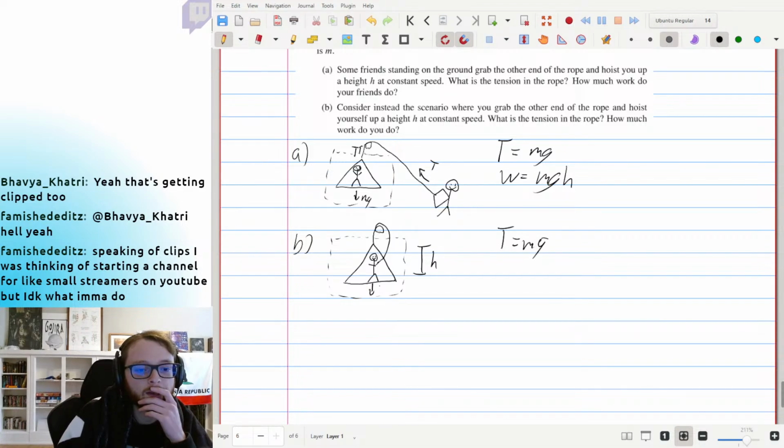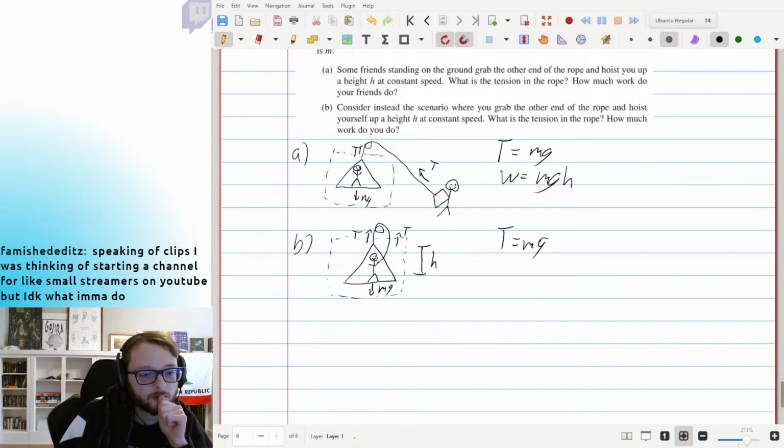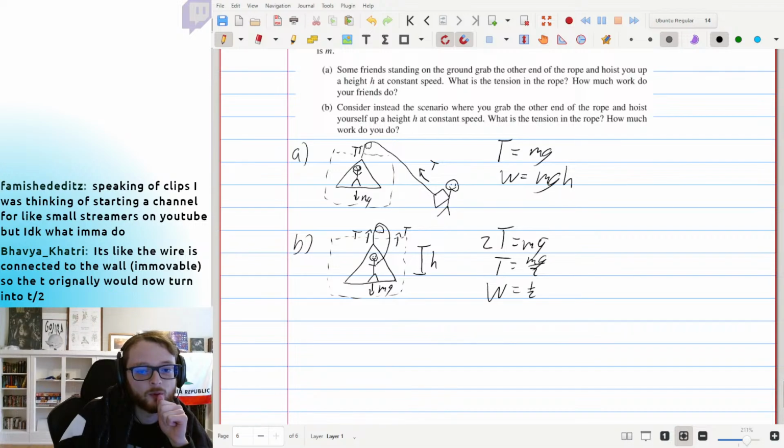So downwards, we have mg. Up here, we have tension, but also down here we have tension. Is that right? No, the tension is going up. The tension is pulling up, because I'm getting pulled up by the tension. And that's why we have 2T equals mg. So T equals mg over 2. But I assume the work is still going to be 1/2 mgh then.